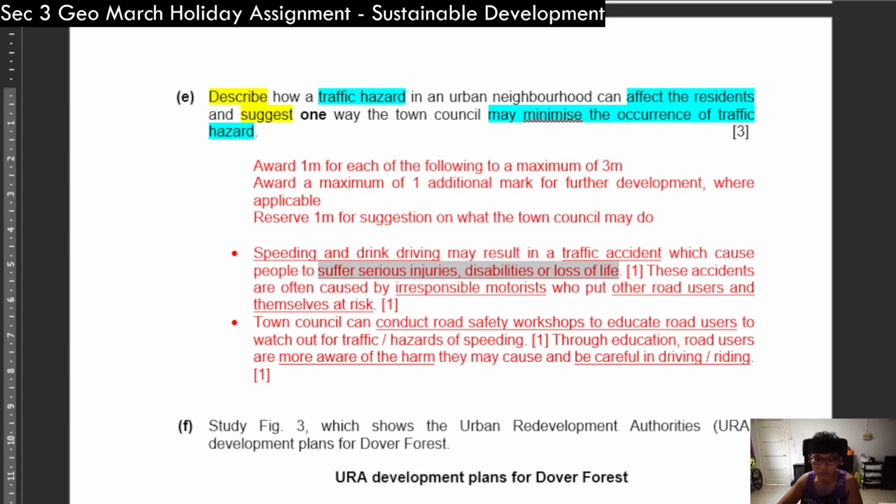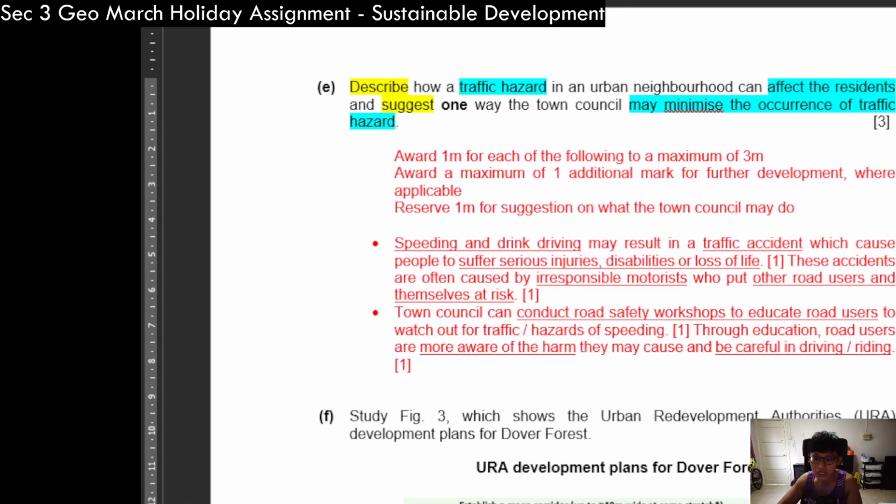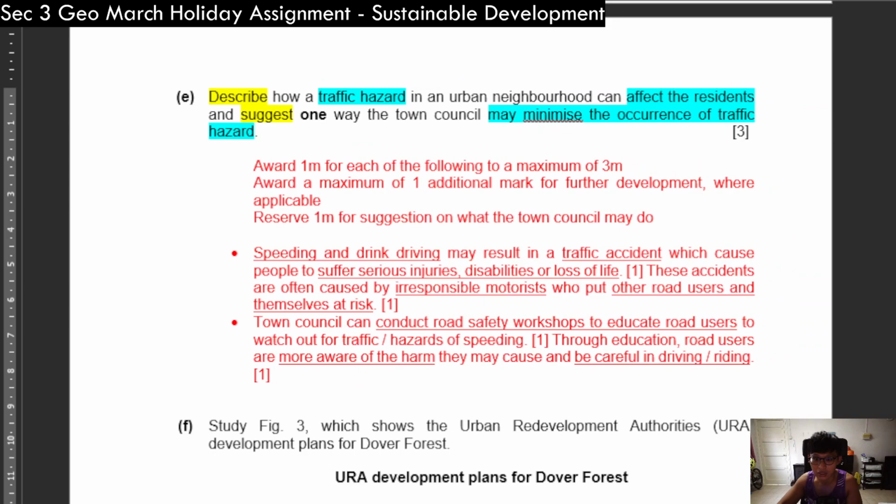In other words, it actually harms the human because it causes suffering, disability, or loss of life. If you don't write this second part, you will not score the mark because this is a describe question. These accidents are often caused by irresponsible motorists who put other users at risk. So this is the elaboration.